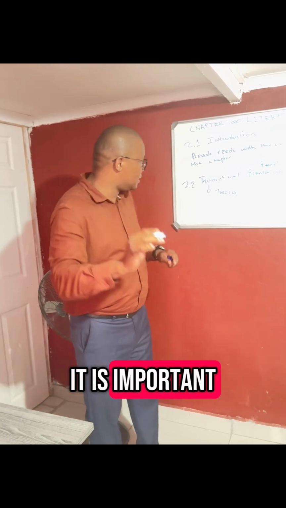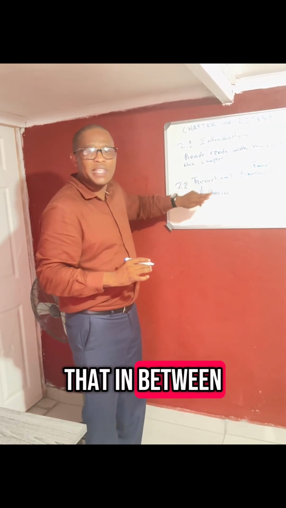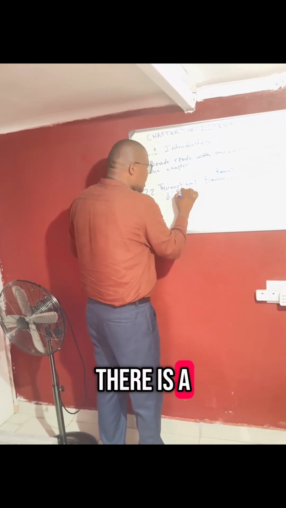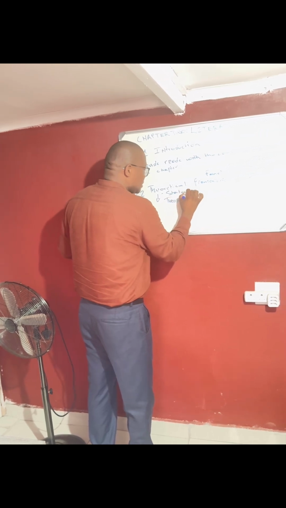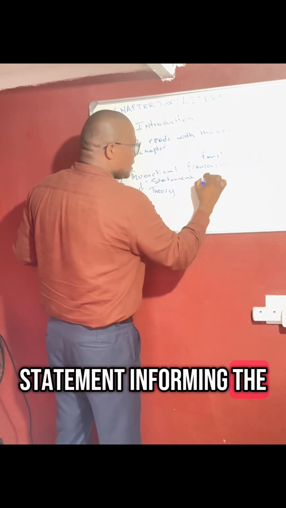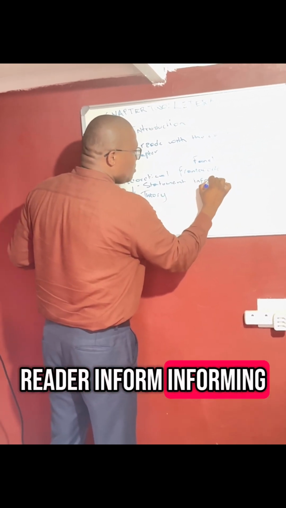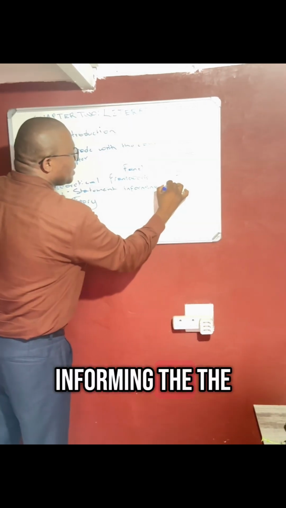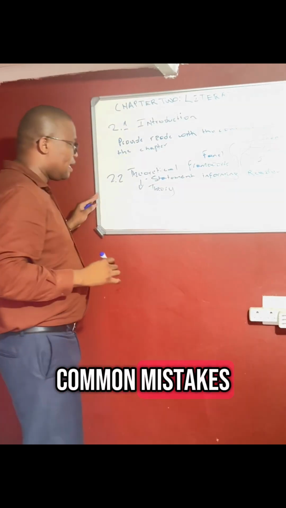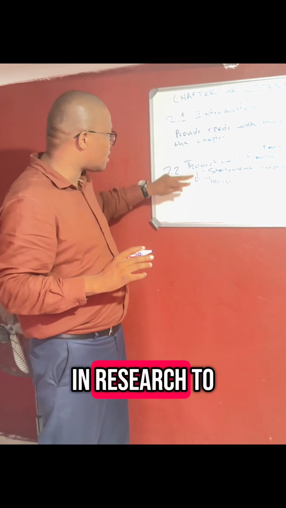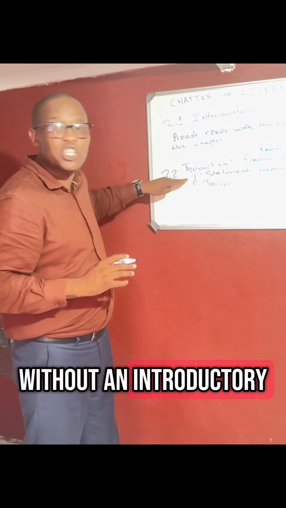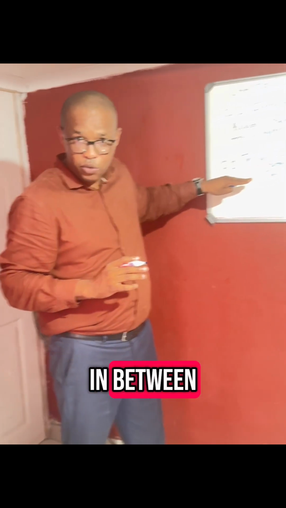It is important that in between the themes, there is an introductory statement informing the reader or the examiner. It is one of the most common mistakes. It is prohibited in research to have themes and sub-themes following one another without an introductory statement in between.